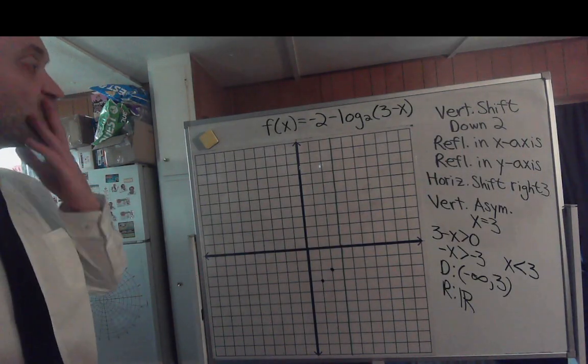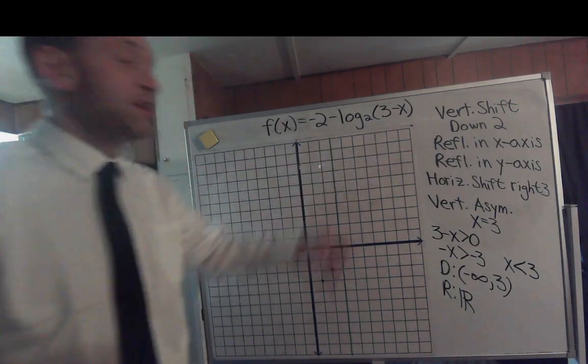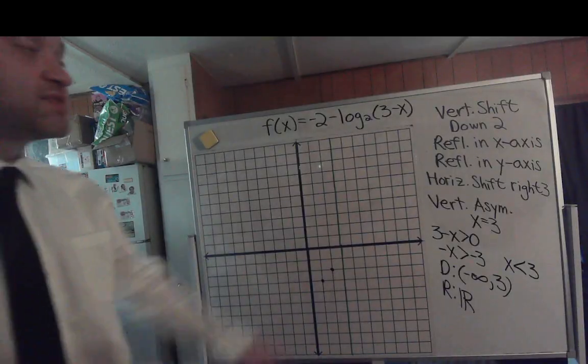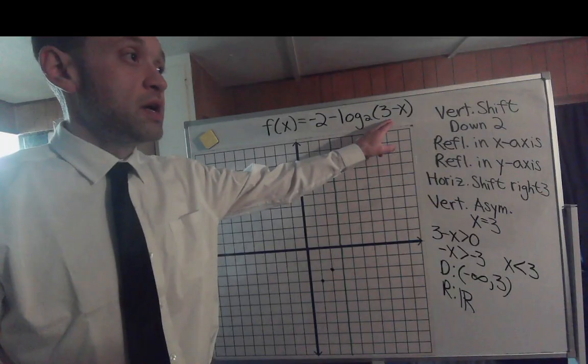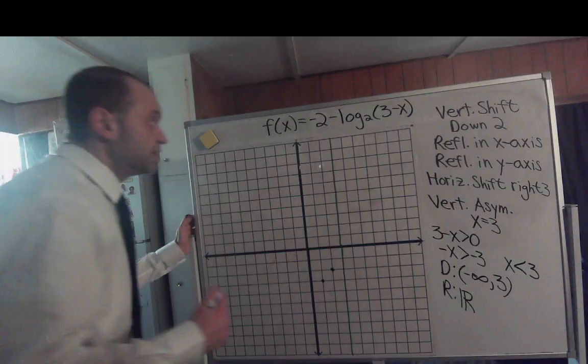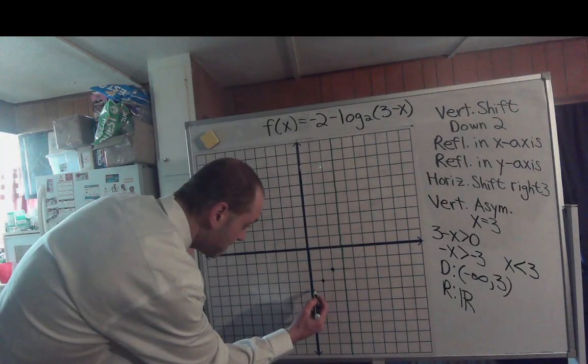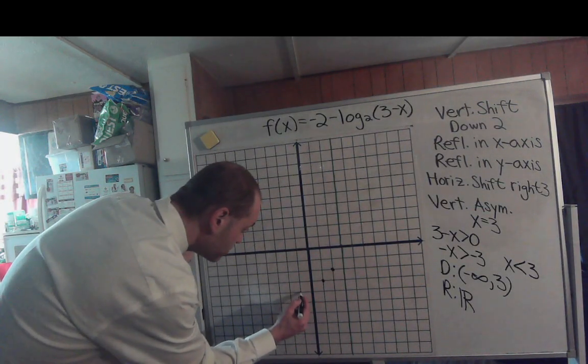And then, let's see. I go to negative 1. If x is negative 1, that gives me 3 plus 1, which is 4. Log base 2 of 4 is actually going to be 2. Negative 2 minus 2 is negative 4, which would be right here.